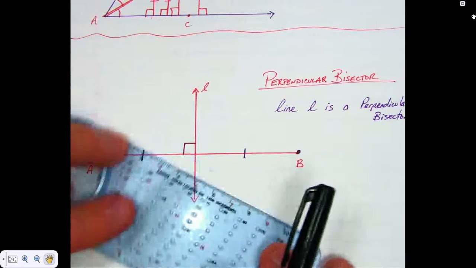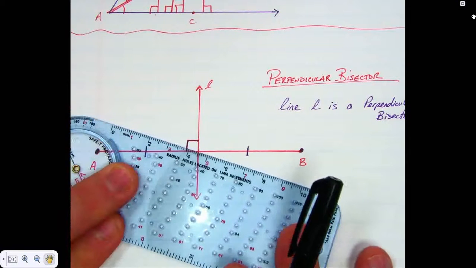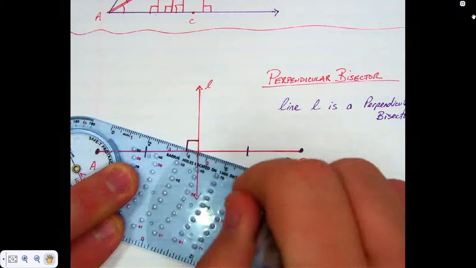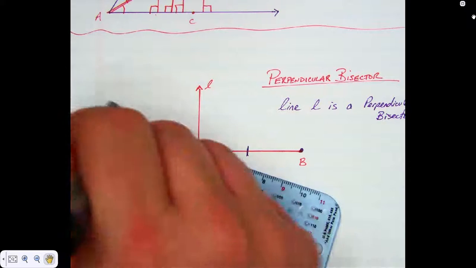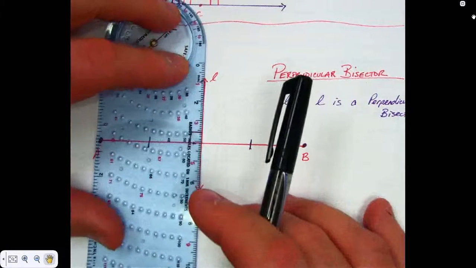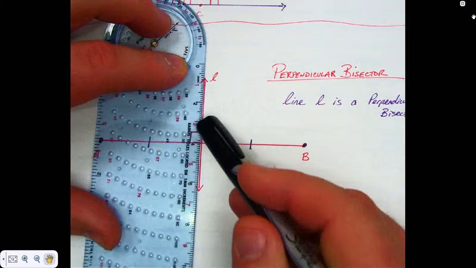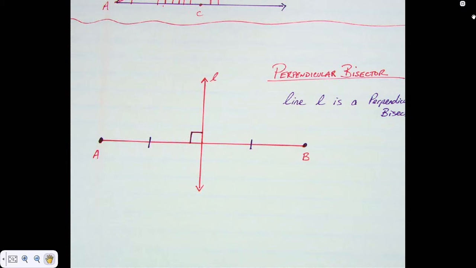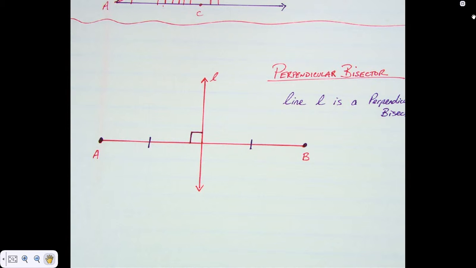It is a bisector, but this one is a perpendicular bisector because it's perpendicular to that line and it cuts it in half. So a line can never be bisected, because if it goes on forever and ever, where's the middle?